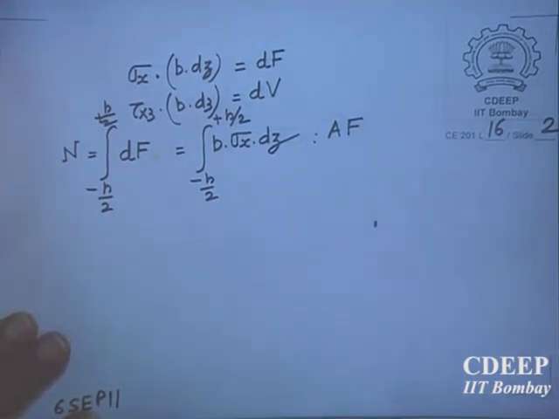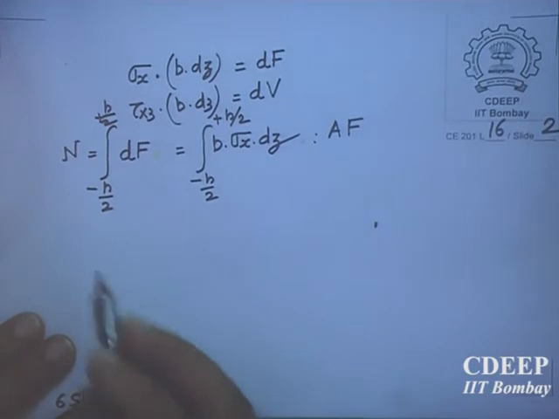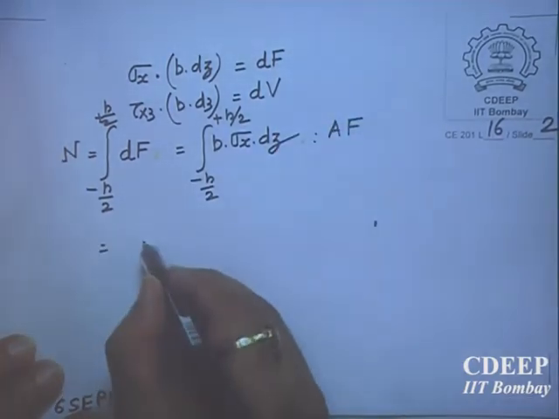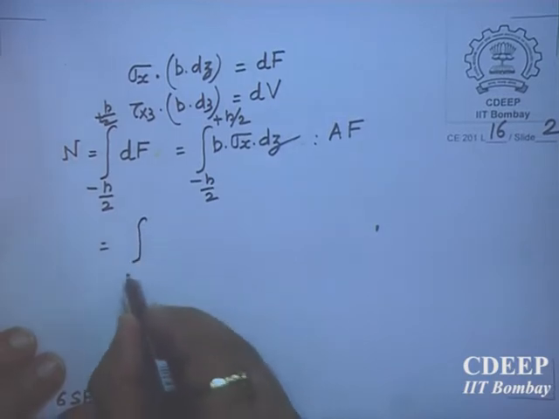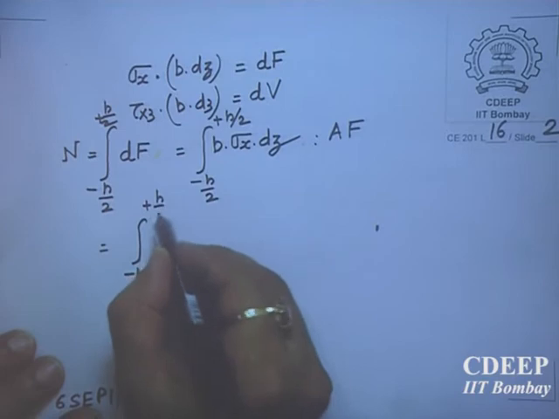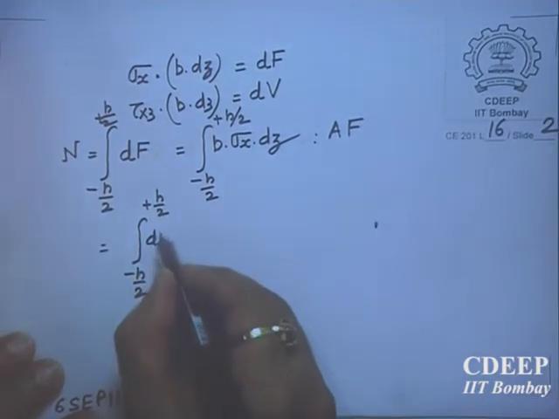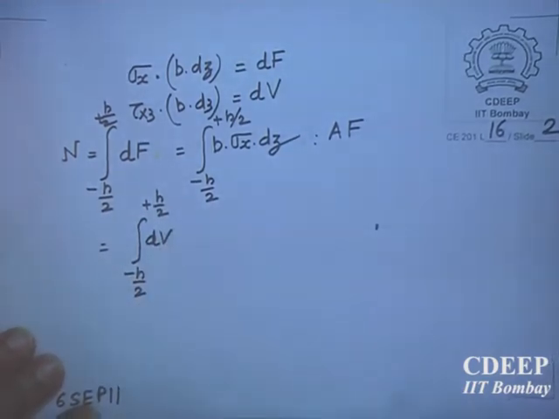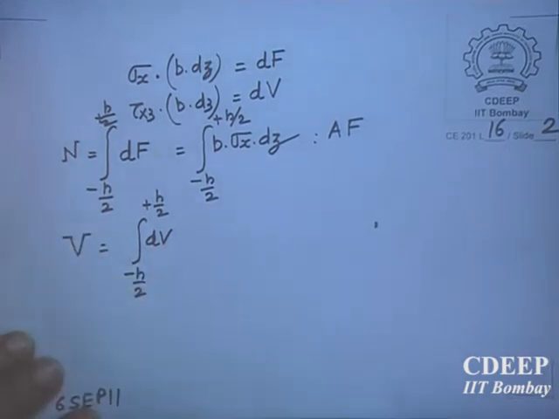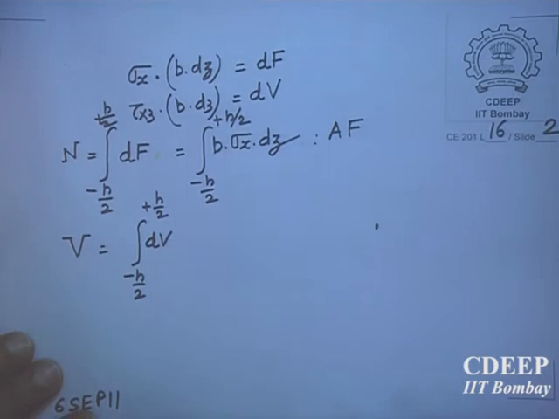What about this V? Integral of dV from minus h by 2 to plus h by 2 must give me the capital V, the shear force on the cross section.